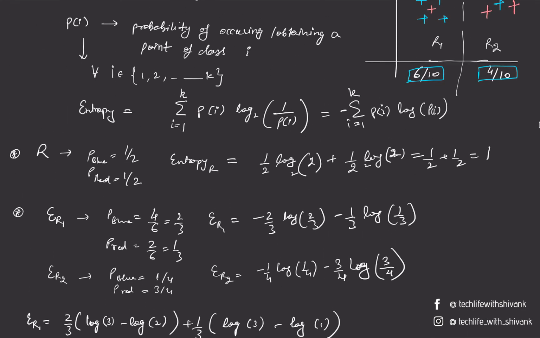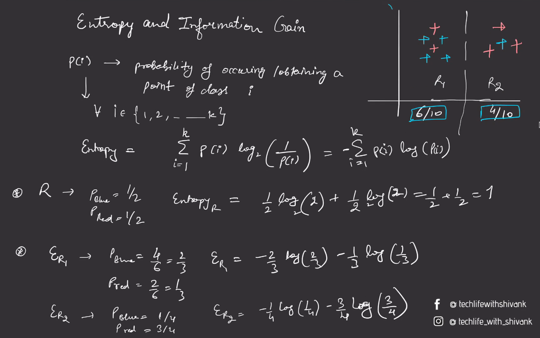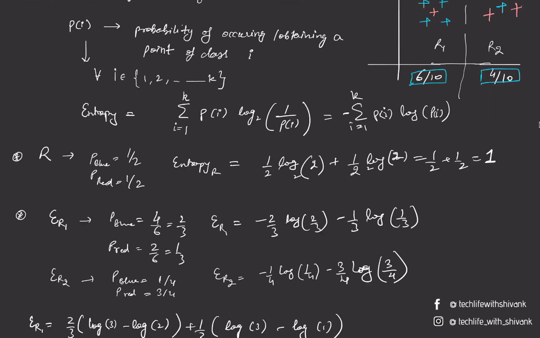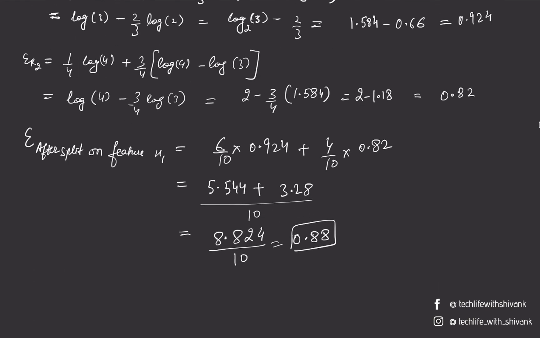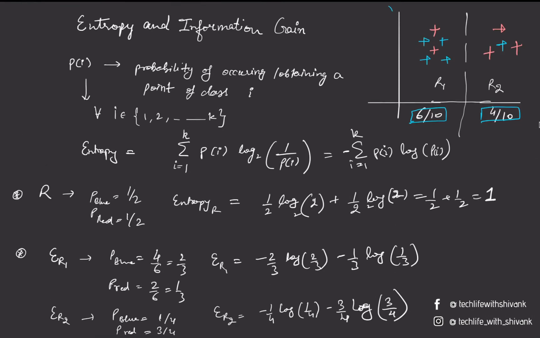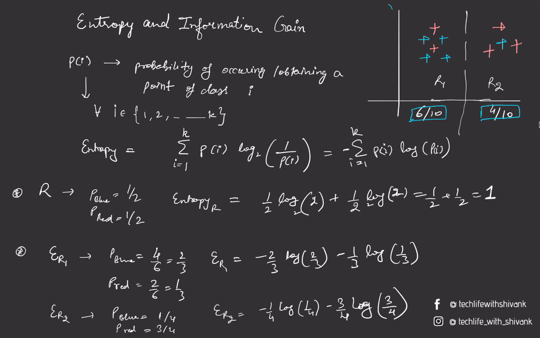So initially the entropy of region R1 was 1, and the weighted entropy of regions R1 plus R2 after the split is 0.88. So now I hope entropy is clear to you. Now we look at information gain.